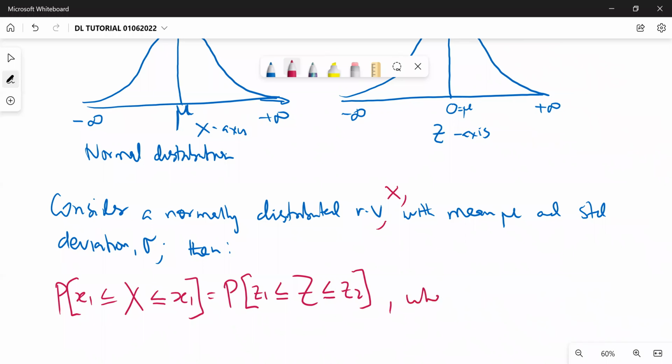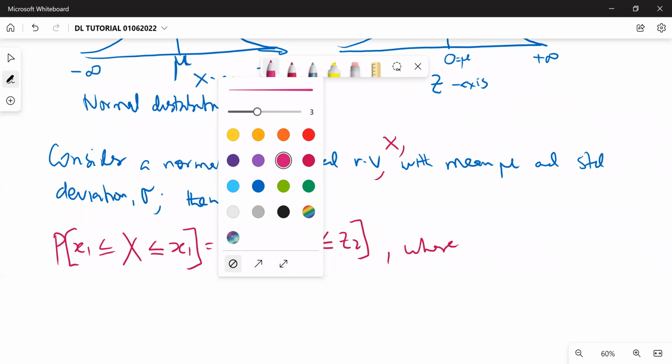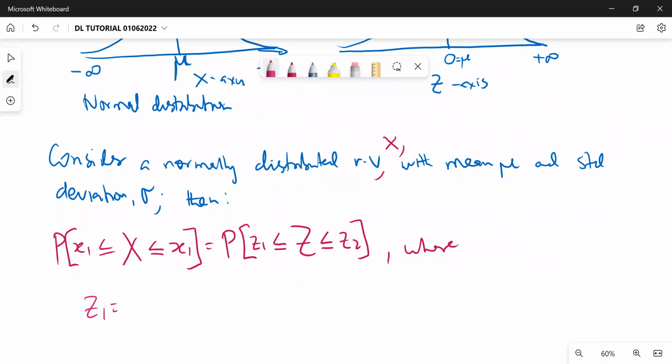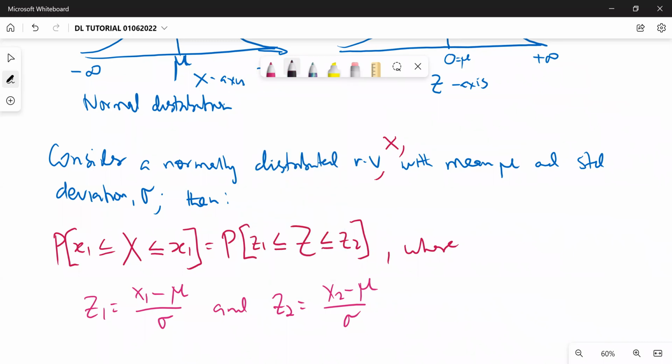Where z1 is equal to x1 minus mu divided by sigma, and z2 is equal to x2 minus mu over sigma. So that's how you get these values here, and even this one.